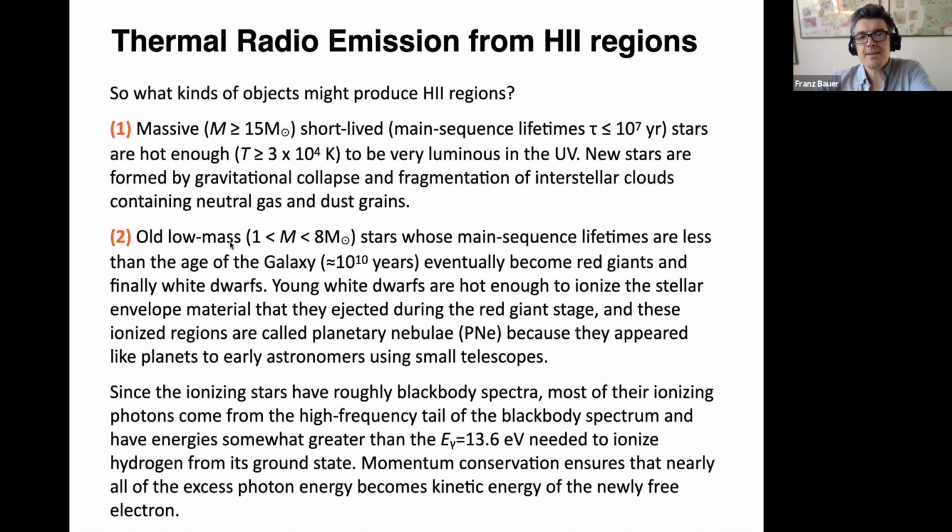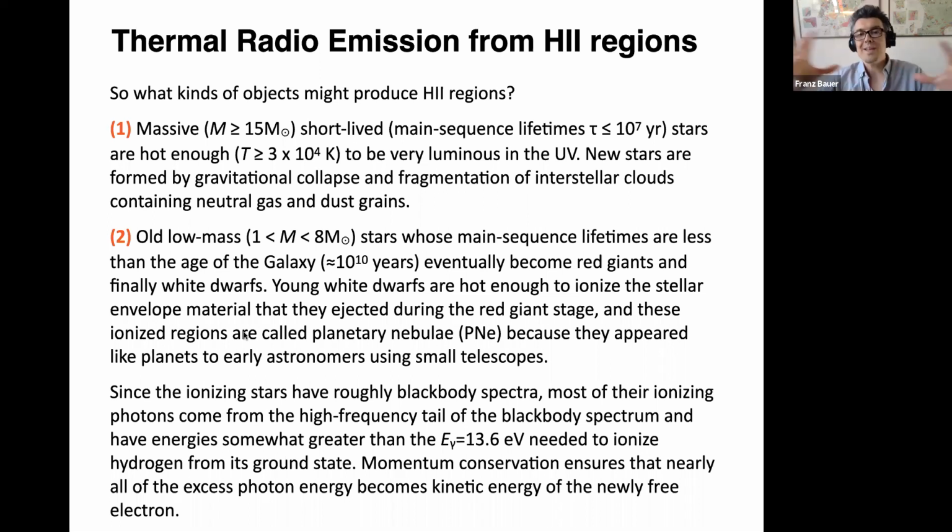Another place to see this might be in old low mass stars, so stars between 1 and 8 solar masses. Once they've moved off of the main sequence, which might be 10 to the 10 years in total, they become red giants, and eventually they will become white dwarfs.